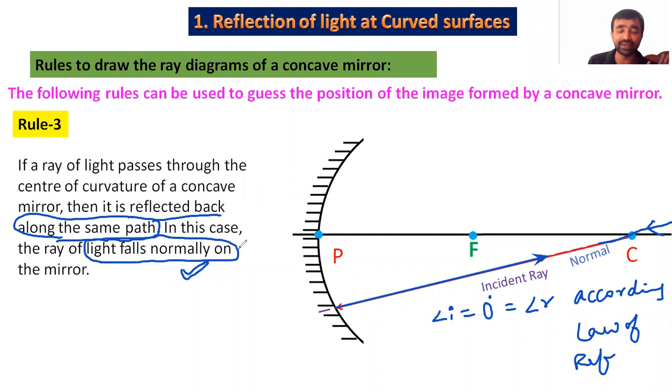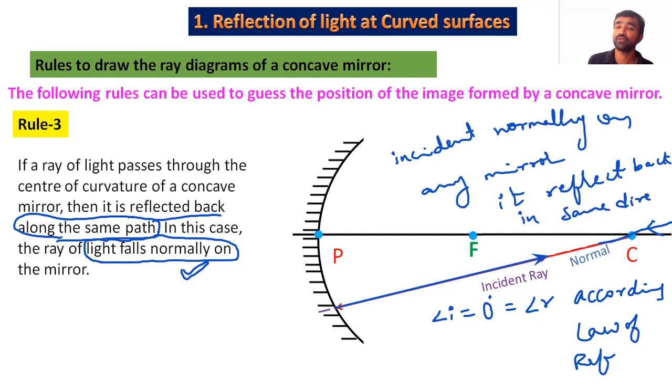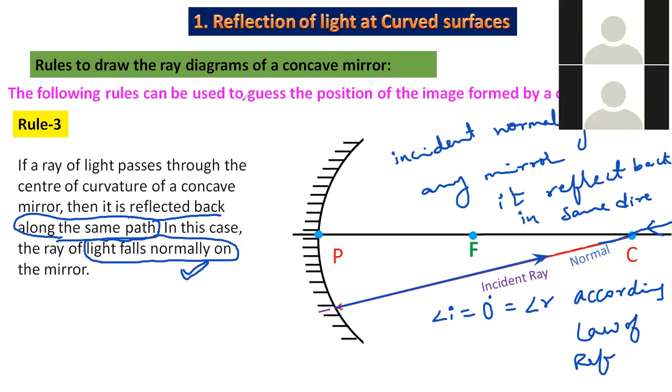So if a light ray is incident normally on any type of mirror, what happens? It reflects back in the same direction. This is the generalization. Are you clear, everyone? Is it clear?